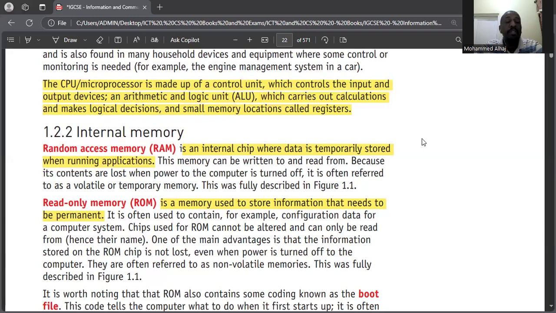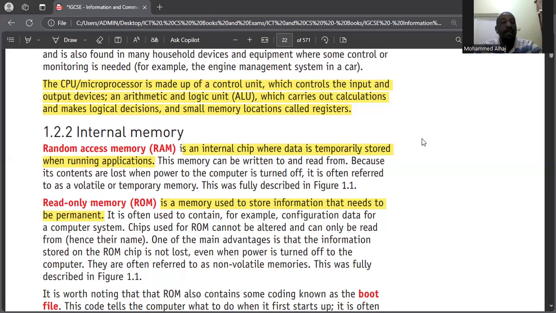The main role of the RAM is that it is a temporary memory that sends data to the central processing unit. It is located between the hard disk and the central processing unit, and it is considered one of the very important parts of our computer.